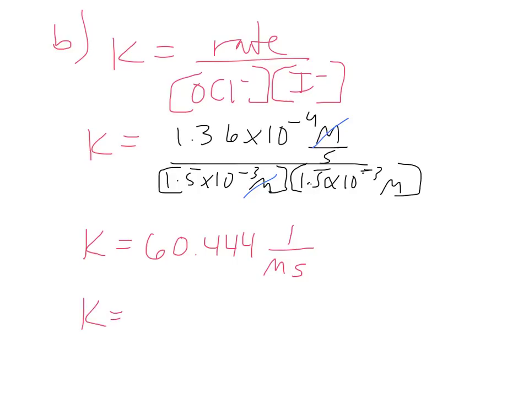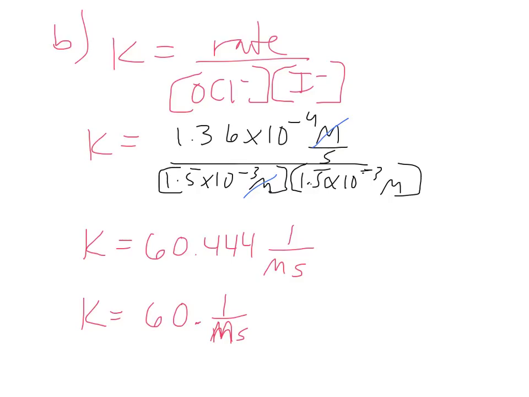If we simplify this further with significant figures, it's 60, and the units are per molar per second, with a capital M. So that's B. That will be your rate constant.